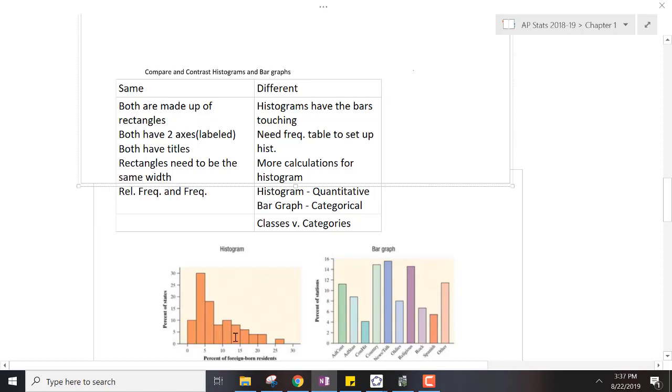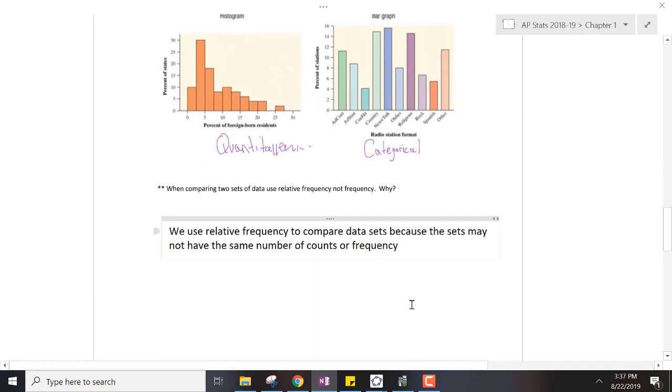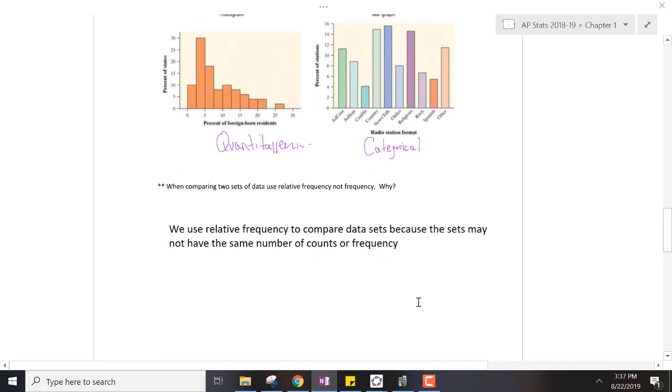Classes have a range of values. Categories, it is just that category. When comparing 2 sets of data, we use relative frequency because the sets may not have the same number of counts or frequencies. If one has 80 and one has 2, we're not going to get a good comparison.